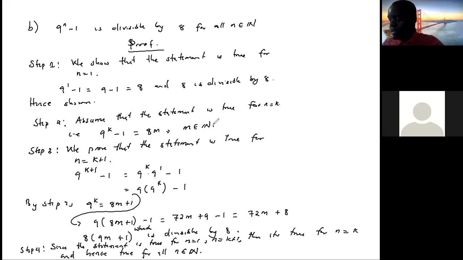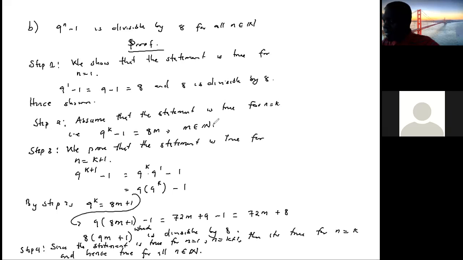So in the conclusion, is it always a must that you end with n equals k? What's so special about n equals k? What's special is that it was an assumption in step 2.